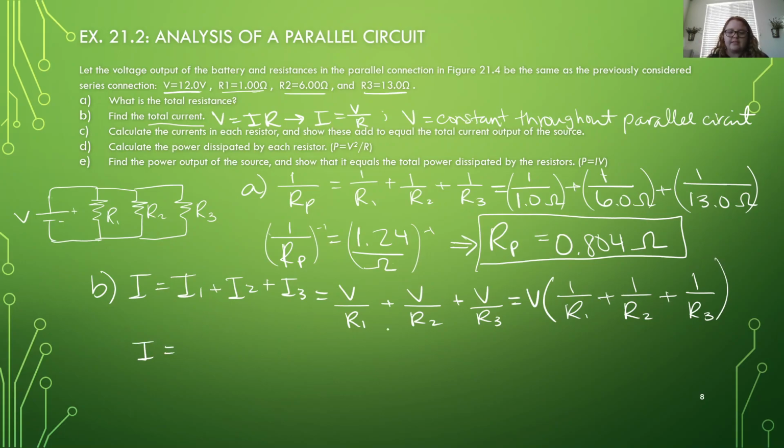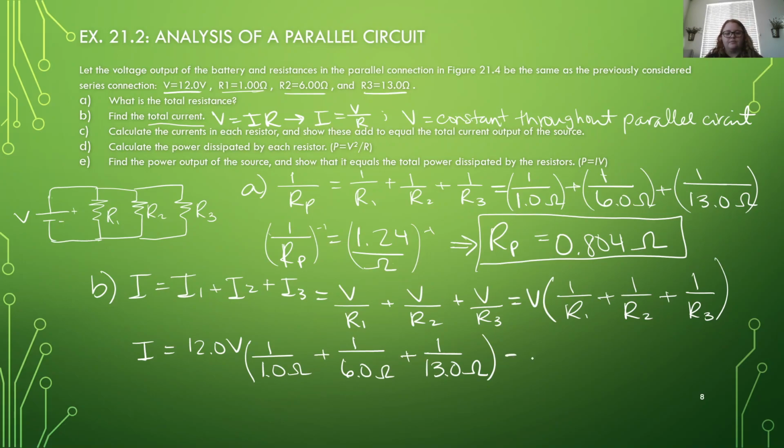So I is equal to our voltage, 12 volts, multiplied by 1 over 1 ohm plus 1 over 6 ohms plus 1 over 13 ohms. So we'll have 1 plus 1 over 6 plus 1 over 13, and then multiply that by 12, and we get our total current of 14.9 amps.